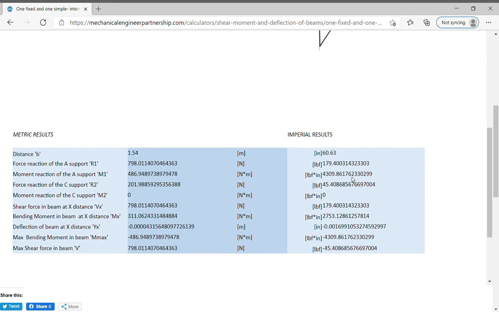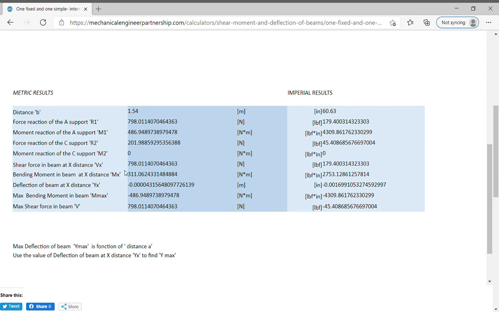The results are: force reaction of the A support R1, moment reaction of the A support M1, force reaction of the C support R2, moment reaction of the C support M2, shear force in beam at x distance Vx, bending moment in beam at x distance Mx, deflection of beam at x distance Yx, maximum bending moment in beam Mmax, maximum shear force in beam Vmax. Maximum deflection of beam Ymax is a function of distance a.